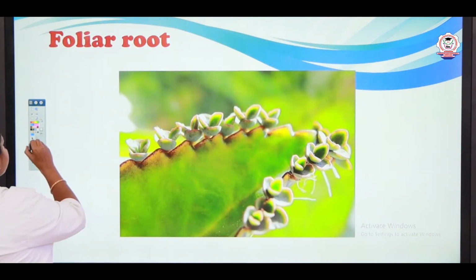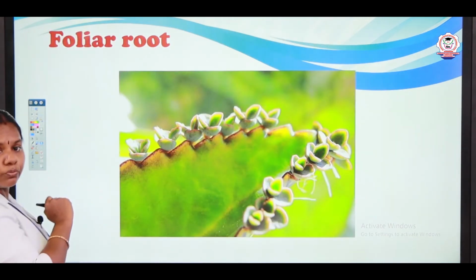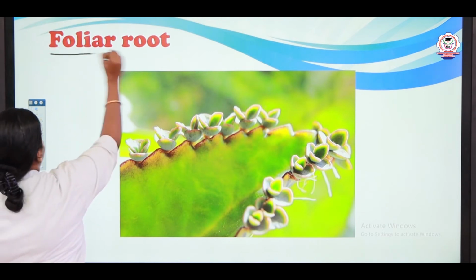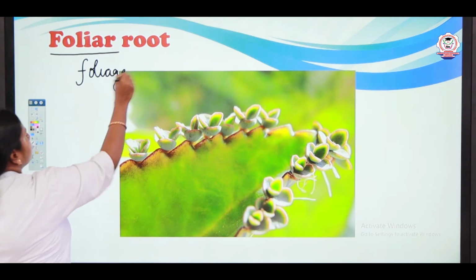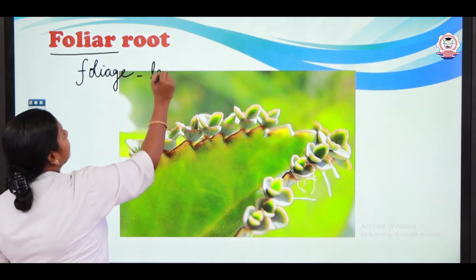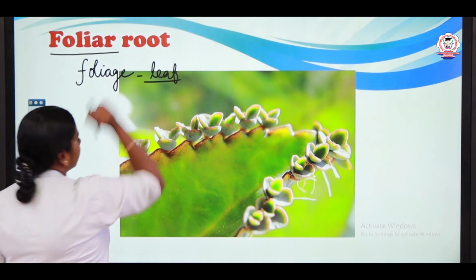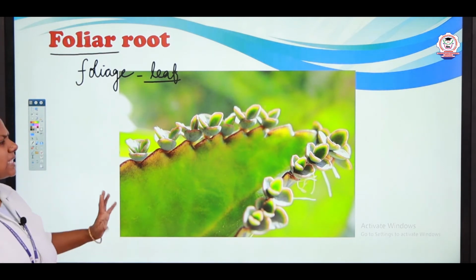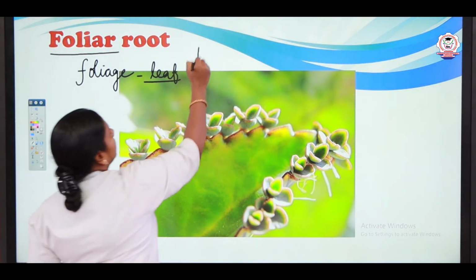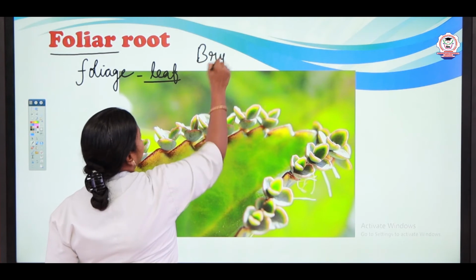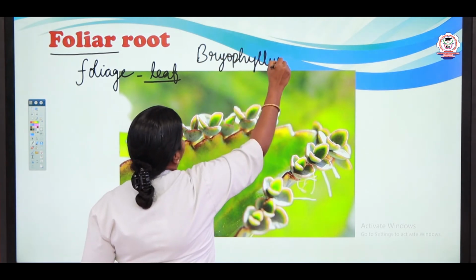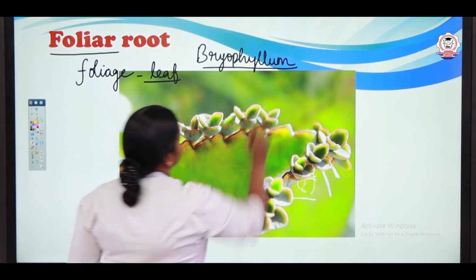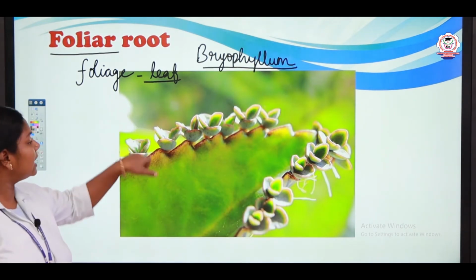So next is the foliar root. Foliar means foliage. The term foliage is used to refer to the leaf, right? So this is Bryophyllum. Bryophyllum in Tamil we call katti potal kutti podum, right? This Bryophyllum plant propagates at the leaf margin.